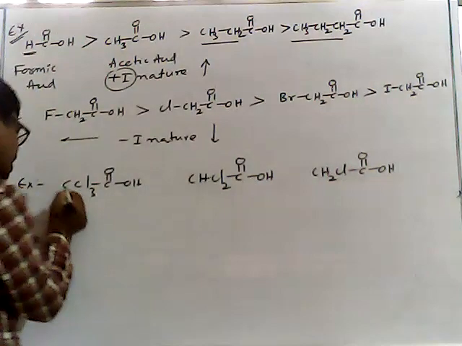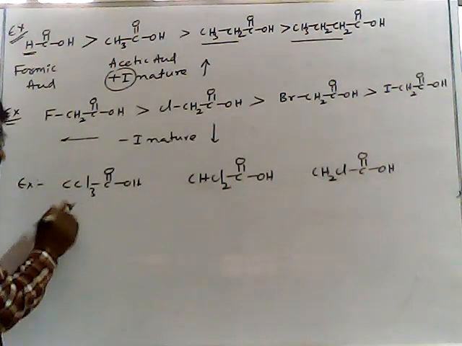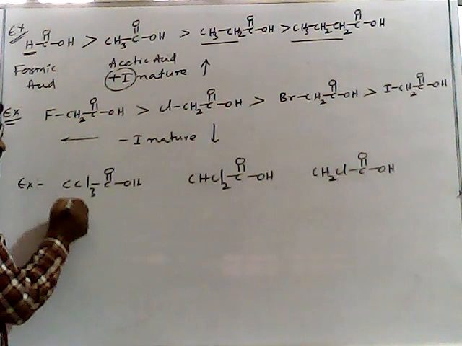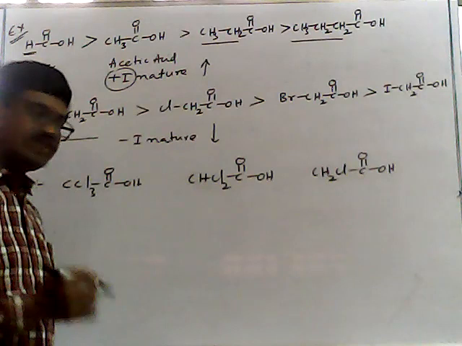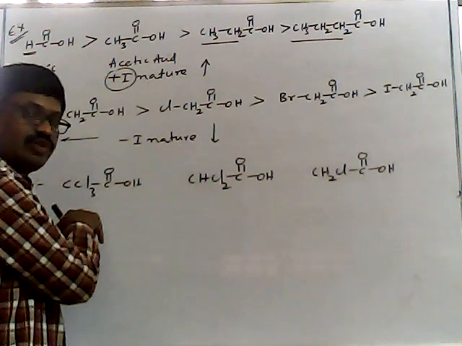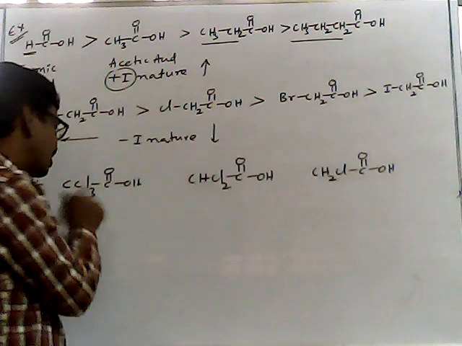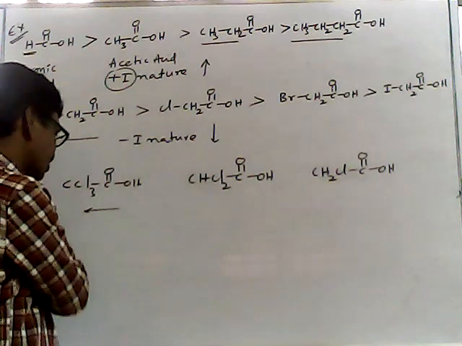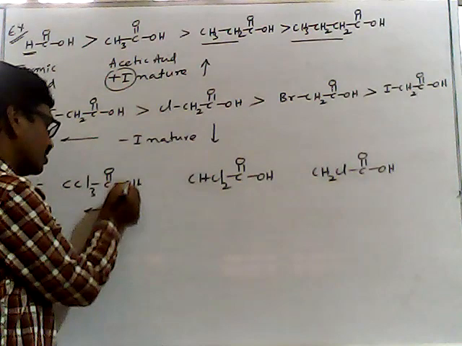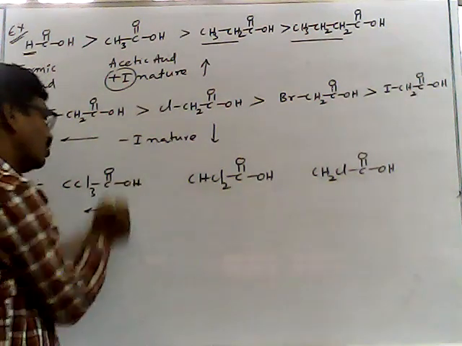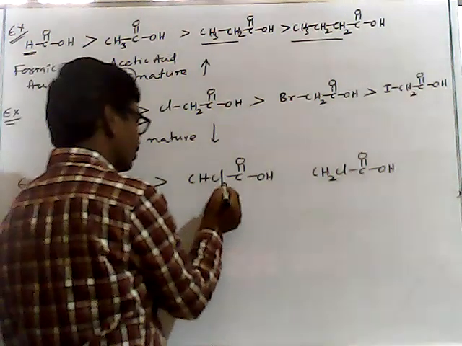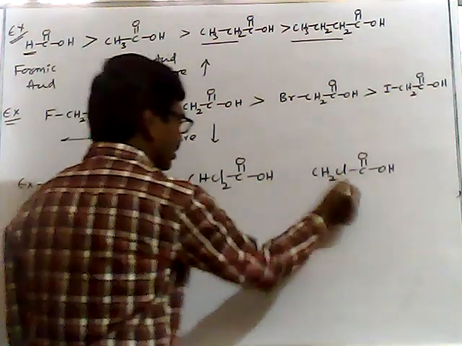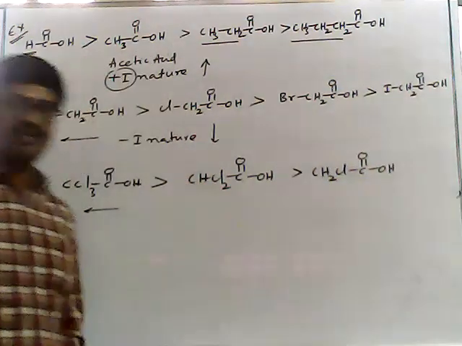See what is happening here? 3 chloro groups are present, so there is more minus I nature. When the number of minus I groups or more electronegative groups is higher, there is more minus I nature, so more electrons are transferred toward the group side, and oxygen electron density decreases. So it is very easy to release that hydrogen, so it is very strong. Here only 2 chlorines, so the minus I nature is less. Here only 1 chlorine, so the minus I nature is very less.